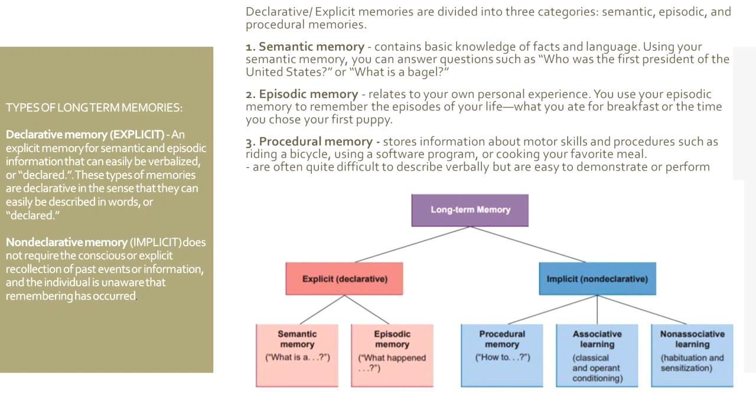Okay, like who was the first president of the US, or what is a bagel, no? So ito yung may mga questions na basic knowledge or facts, language, what is the English word for toothpaste. No? Like that, you actually know it because you can utter it in words.